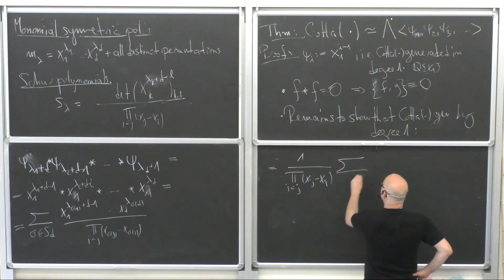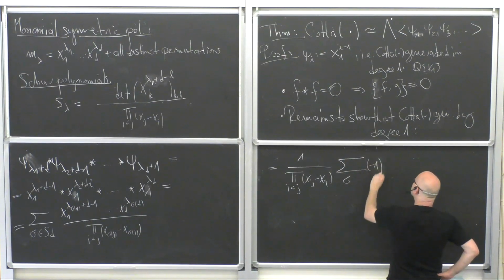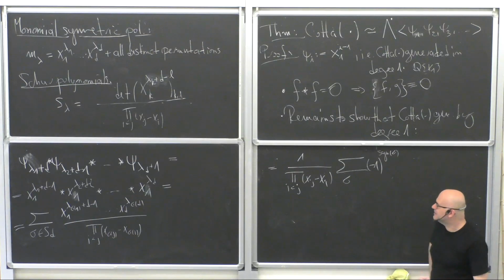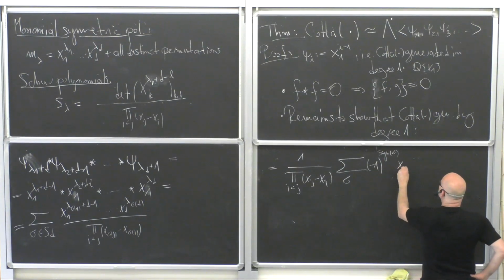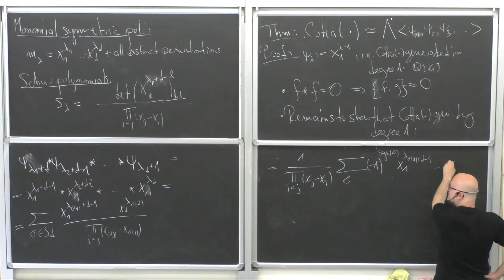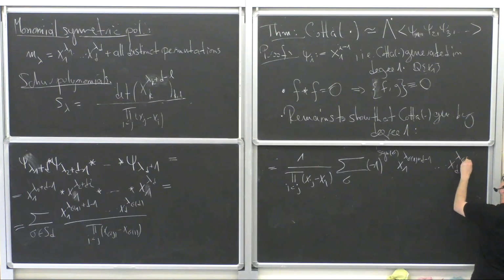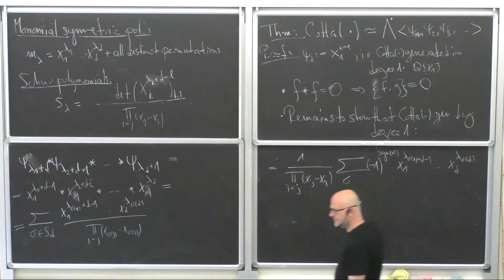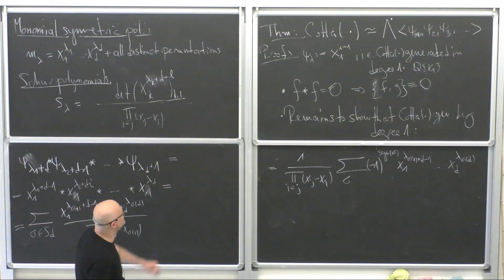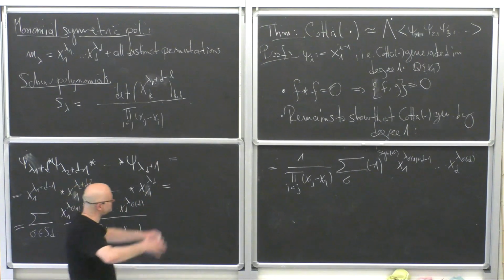This will then be a sum over permutations of the signature of the permutation, times x1 to the lambda sigma 1 plus d minus 1 times xd to the lambda sigma of d. So that's our usual sign trick, which we have already seen in the examples before.